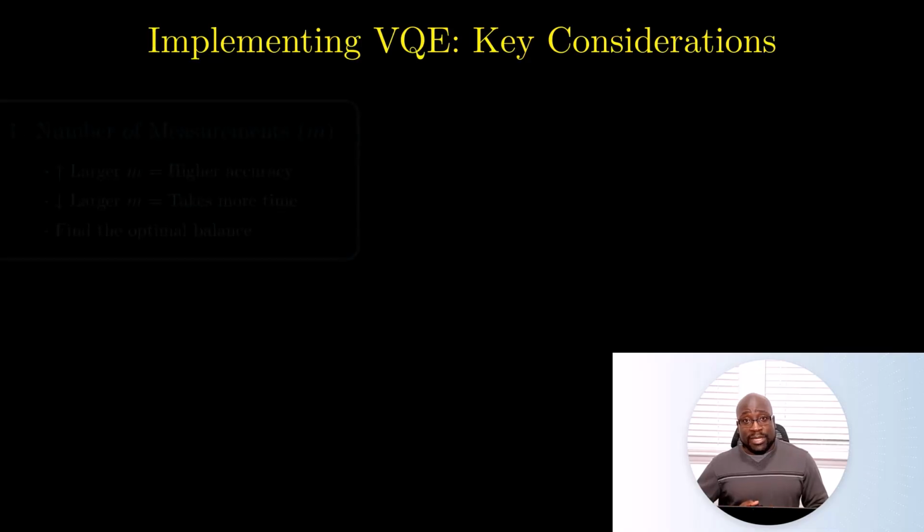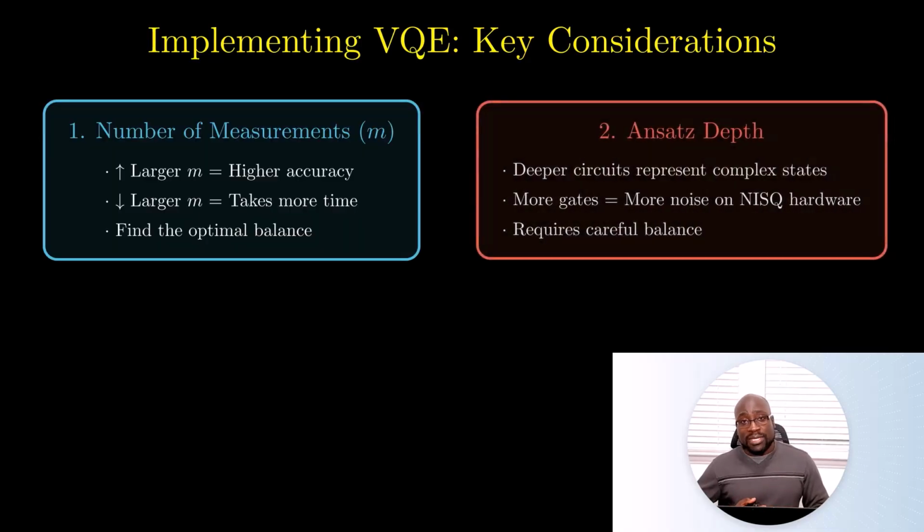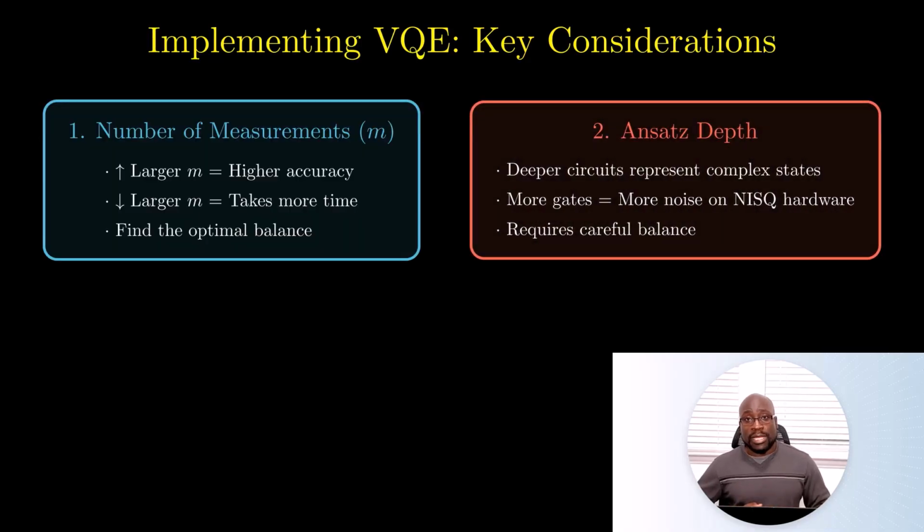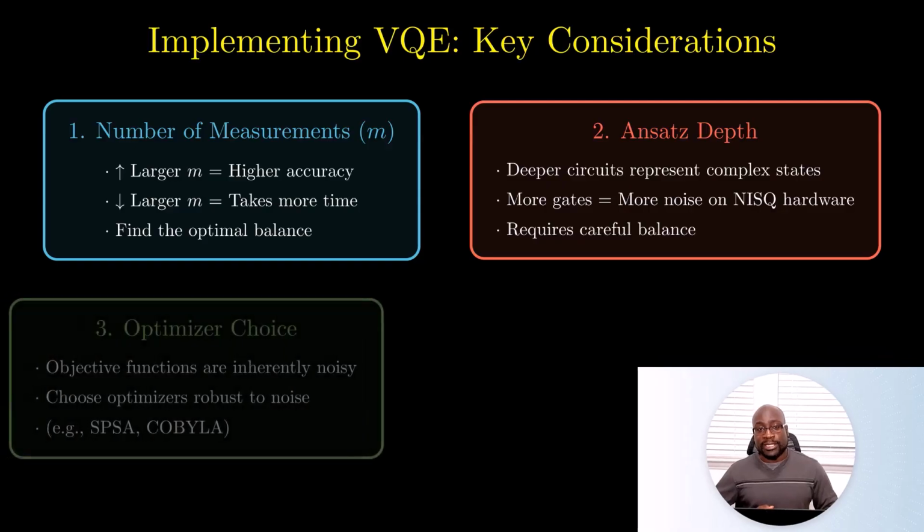When implementing VQE, keep in mind the number of measurements. More measurements give more accurate energy estimates but take more time. Also take a look at the ansatz depth. The deeper the circuits, the more complex the states, but they are more prone to noise on NISQ devices.